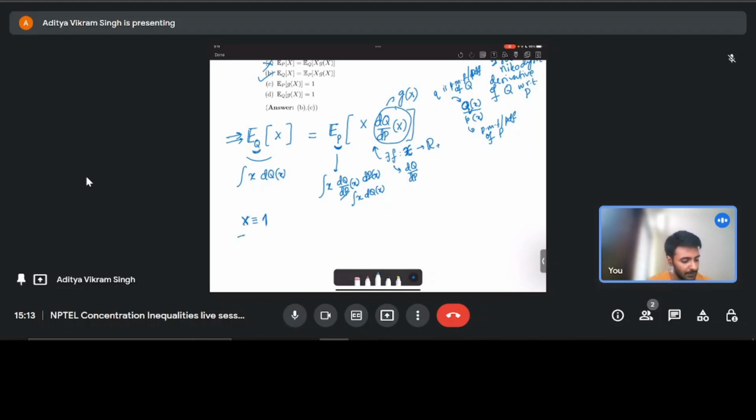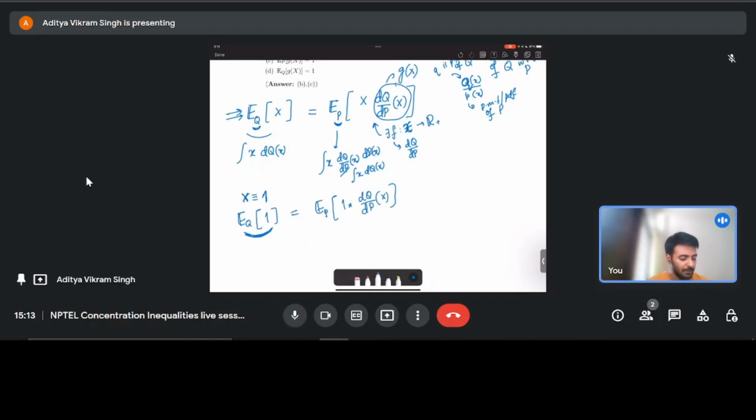So with respect to Q, you'll have the expected value of 1, and on the right hand side you will have 1 into dQ by dP of X. And we know that this 1 is a constant random variable, so its expected value is 1 with respect to any probability distribution.